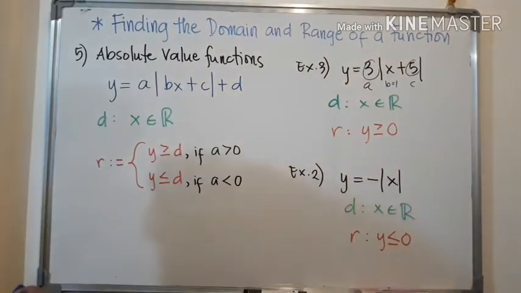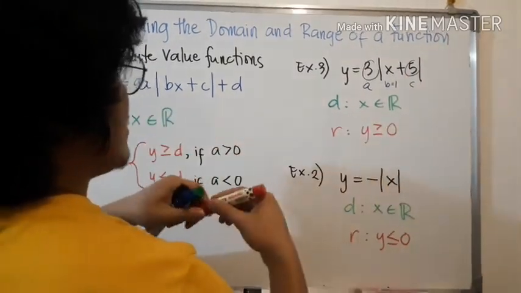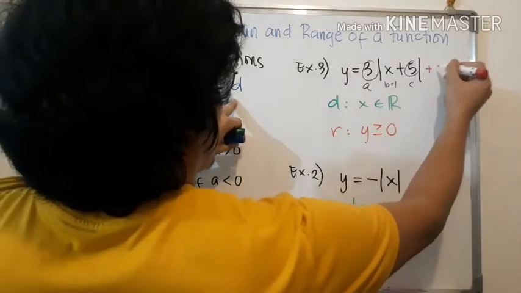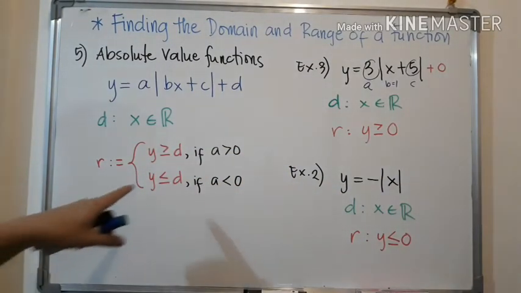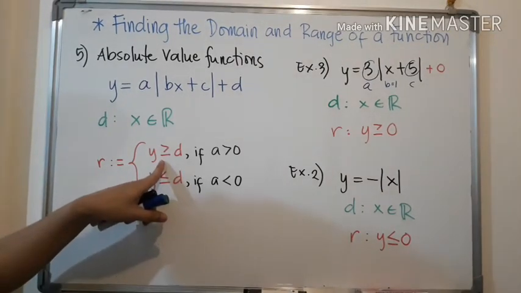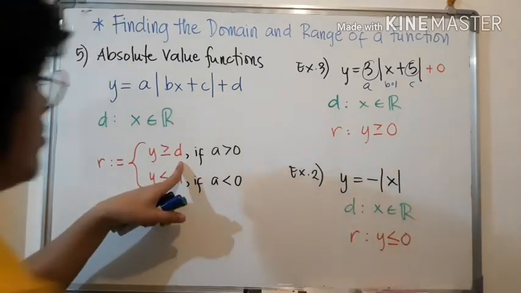Why 0? Because we have no value for d. Meaning, there is a plus 0 here, because our first case is y greater than or equal to d. So in this case, we have plus 0.